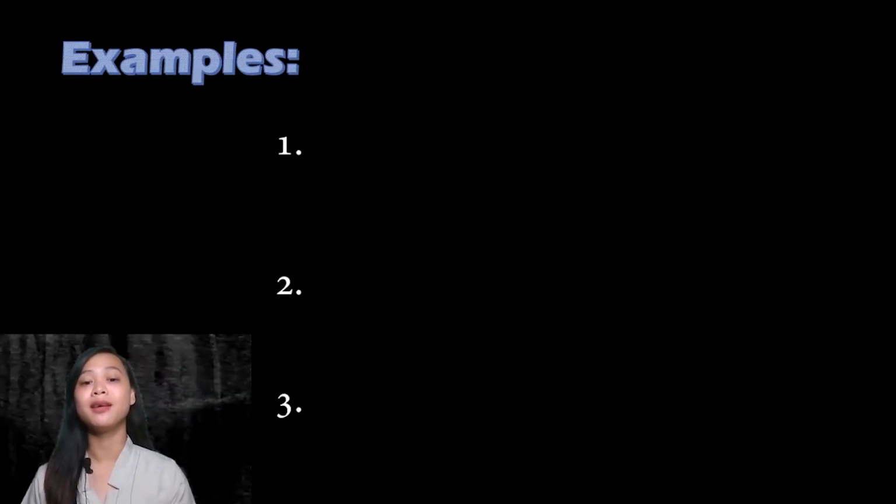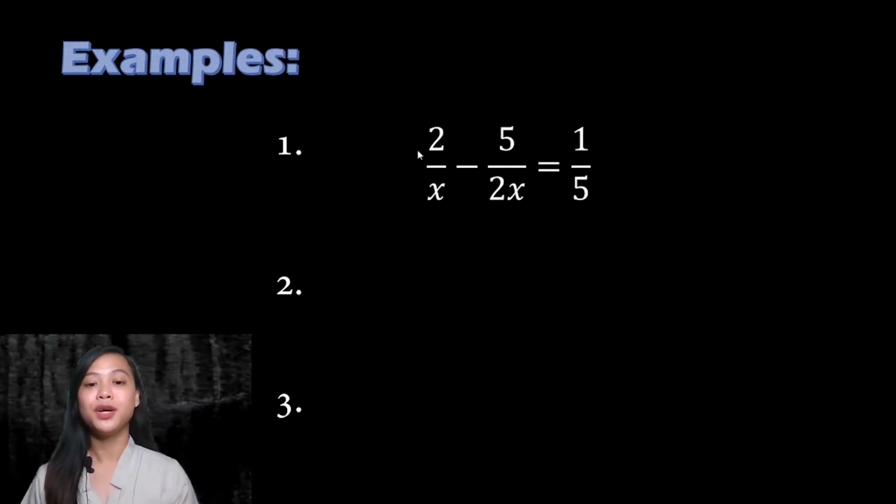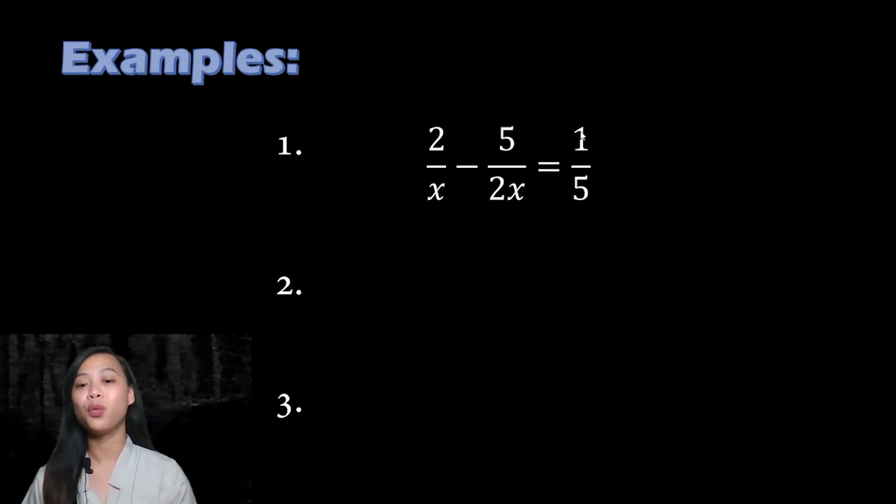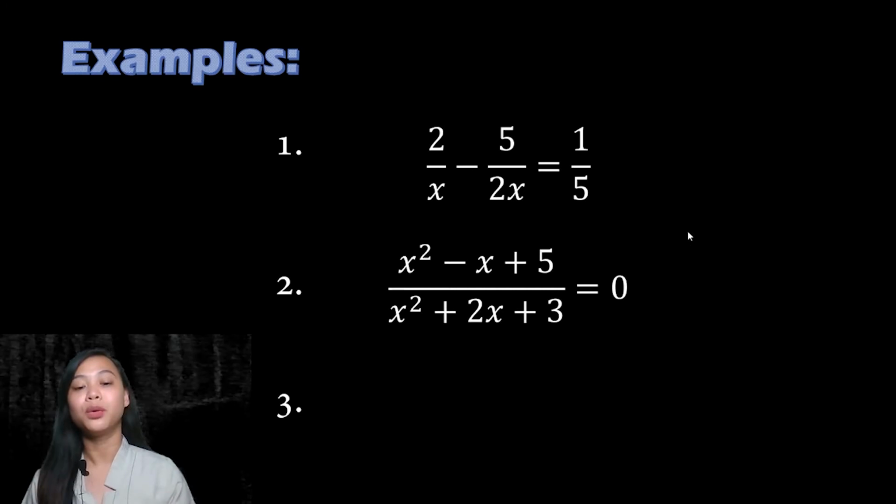So we have three. First, we have 2 over x minus 5 over 2x equals 1 over 5. So these are rational equations because they involve rational expressions in your equation. Another one, we have x squared minus x plus 5 all over x squared plus 2x plus 3 equals 0.